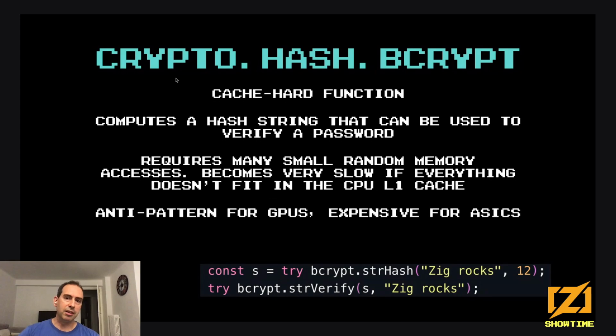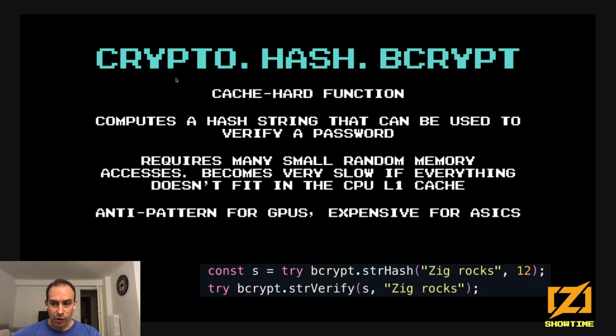A more interesting function you can use, which is also not in crypto.hash, but crypto.pwhash, is called bcrypt. This is a cache hard function. It's going to require a lot of random memory accesses. So these are just reads, but a lot of them and in unpredictable locations, which is something GPUs don't like at all.